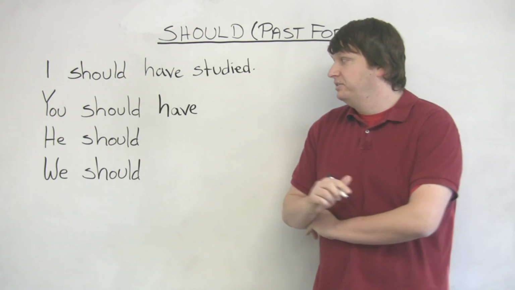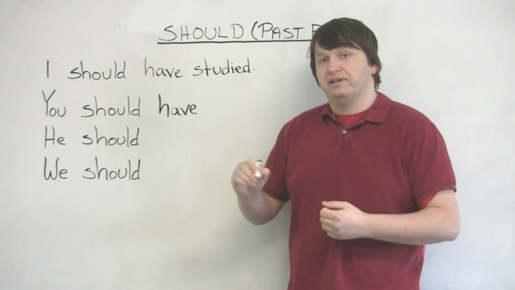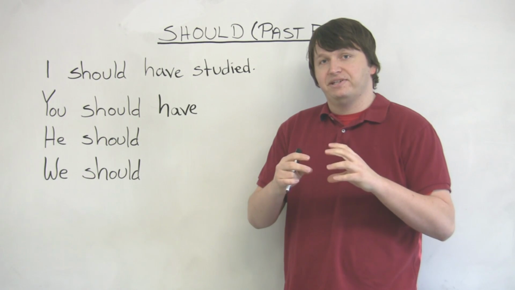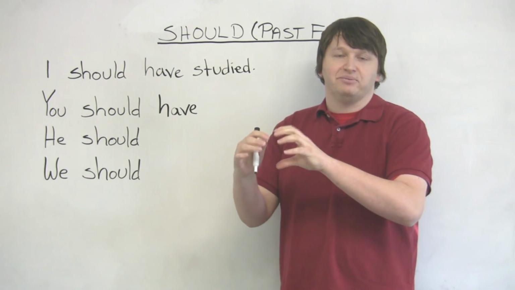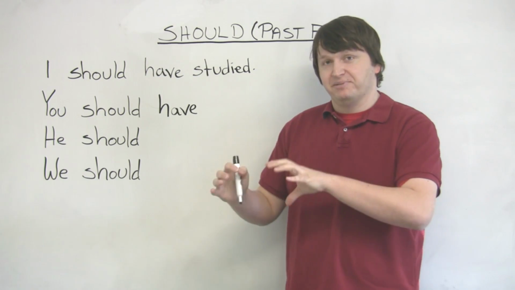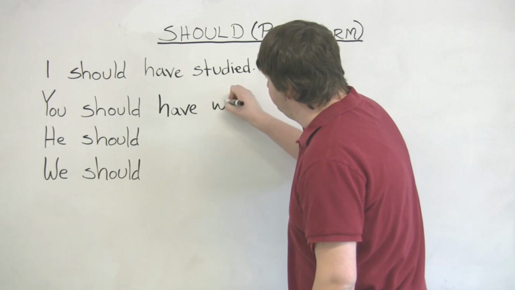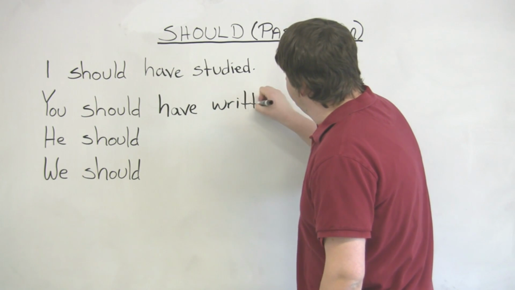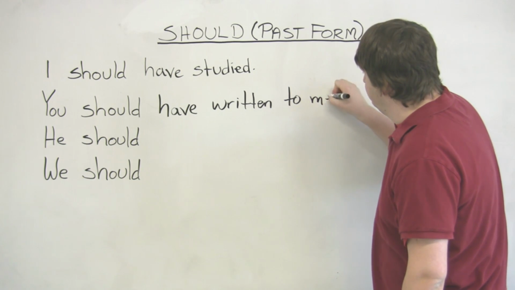So they might say, you should have done something in the past, wrote the letter in the past. So in the present, write is write. In the past, write is wrote. The past participle of write is written. So you should have written to me.